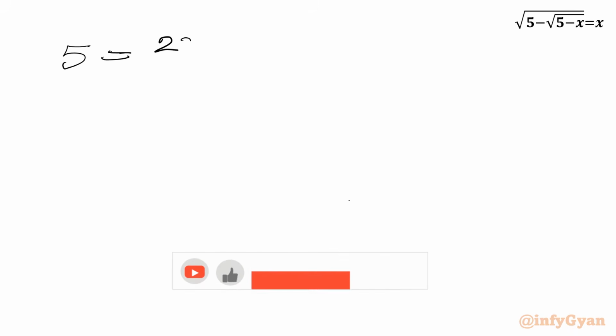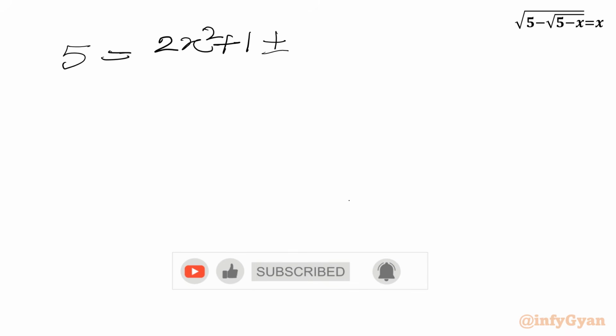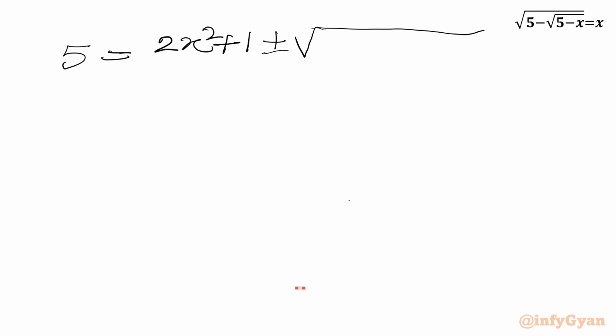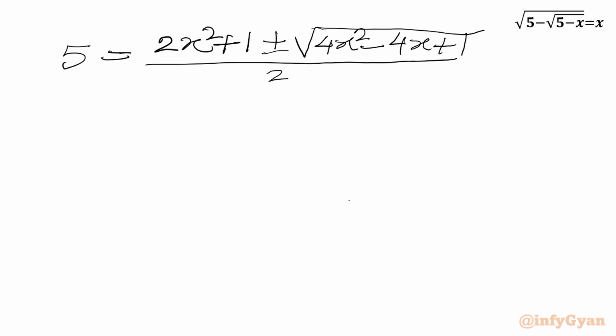So we will write 5 equal to 2x square plus 1 plus minus square root of 4x square minus 4x plus 1, and in denominator we have 2.